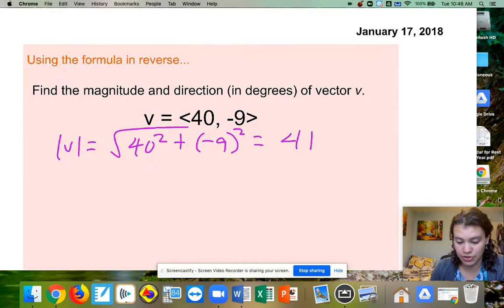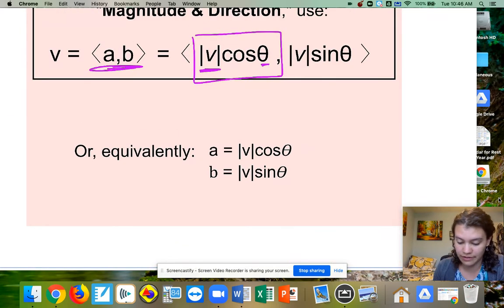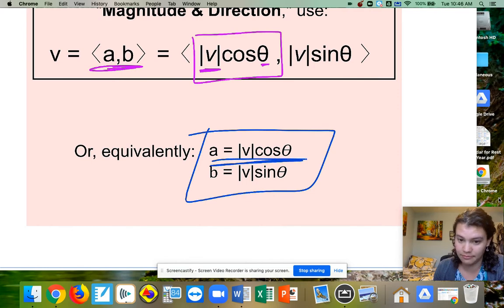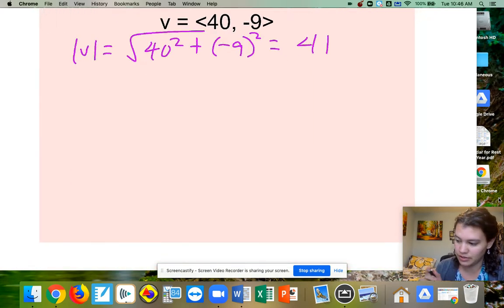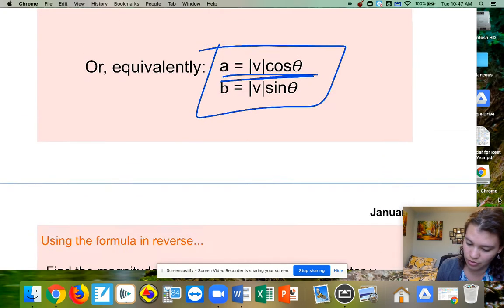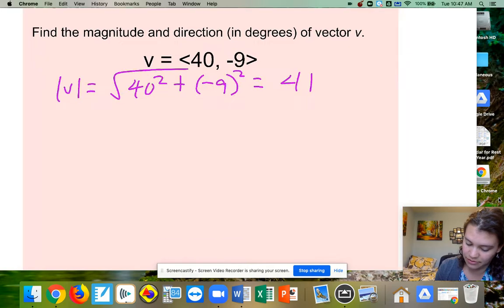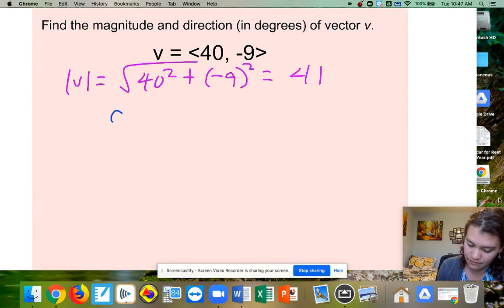So what you're going to do is pick one of these to solve. It doesn't matter which one. I usually pick cosine, but it's up to you. You can do cosine or sine. So here we know that a has to equal the magnitude times cosine of your angle.